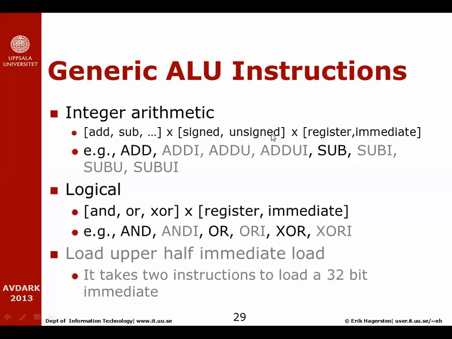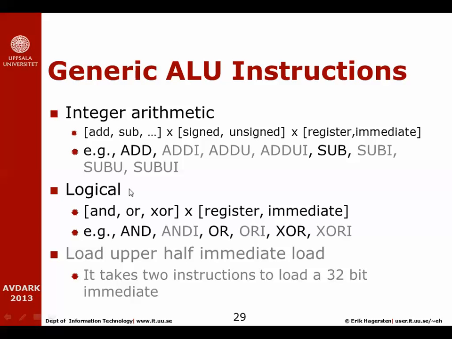If it's not, then we assume it is signed. And then it could be a register or an immediate form for the ALU operation, and if it's an immediate form, you add an I. So out of these possible combinations, the ones we are most often going to use are just the plain format, the add and the sub.